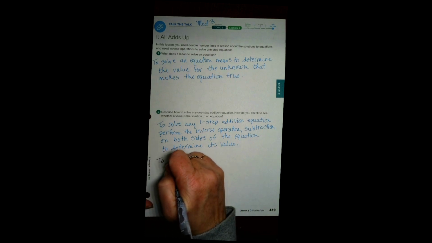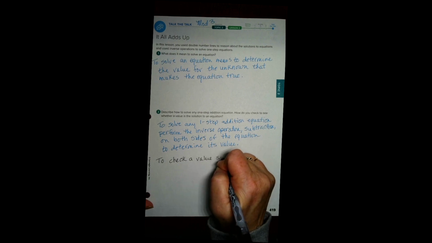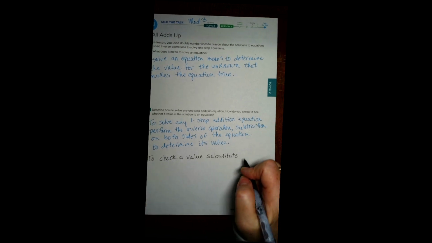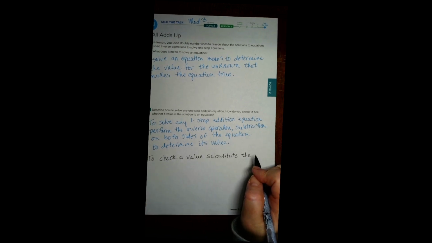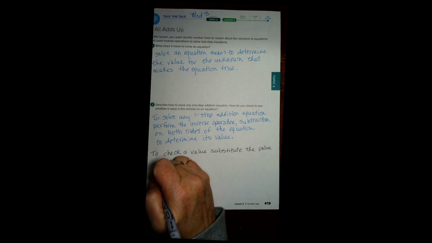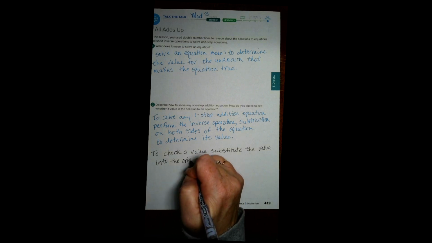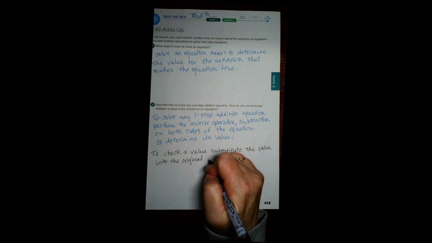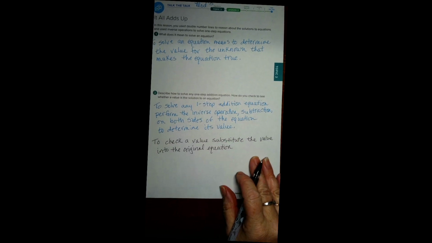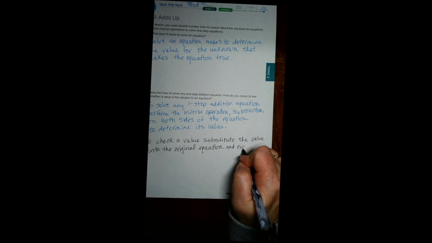So to check a value, substitute the value into the original equation and evaluate.